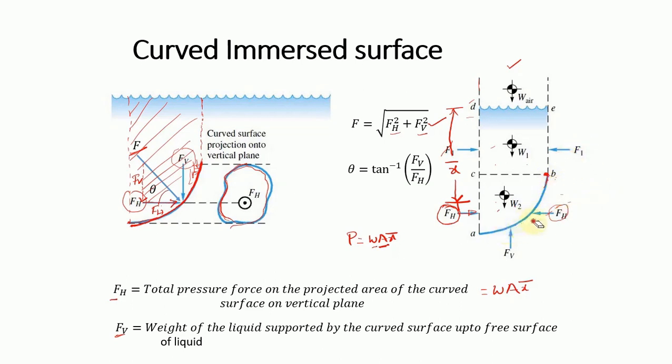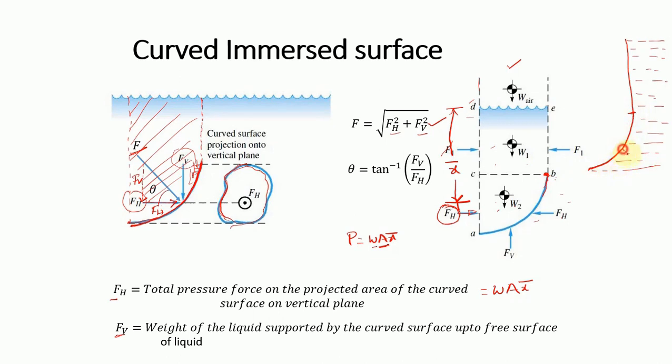Similarly, if the water, meaning the liquid, is standing behind this curved surface, for example, I will write here, right. So the liquid is standing behind this, then this is the curved portion.